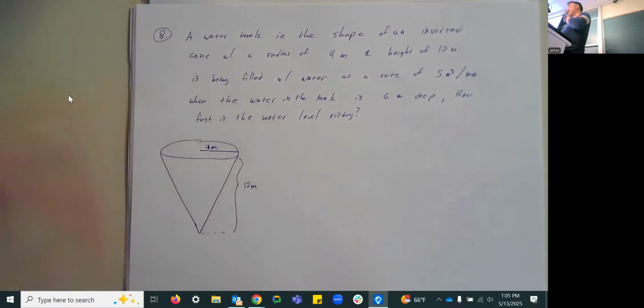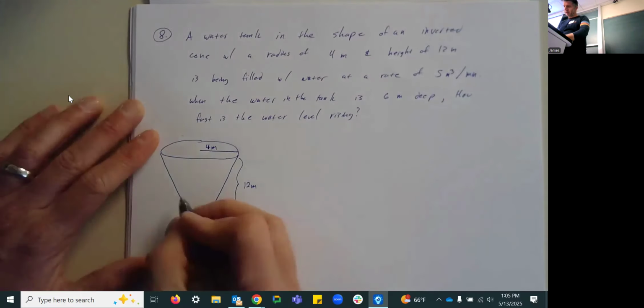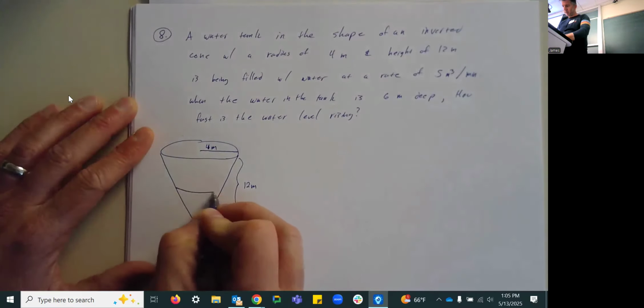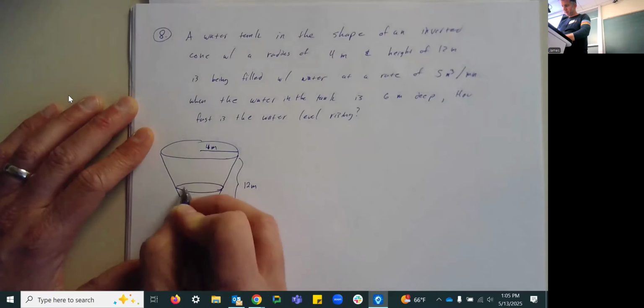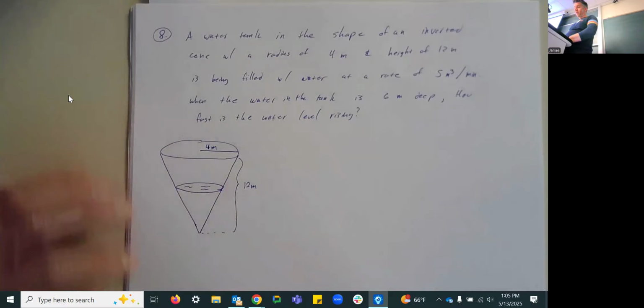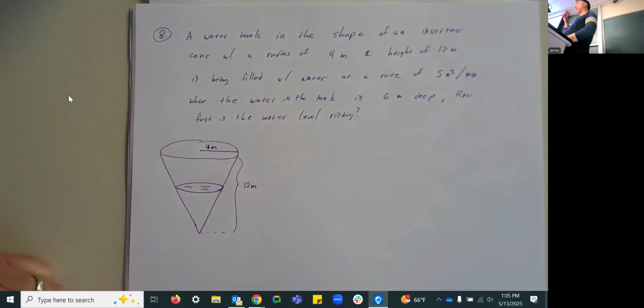What is changing is the depth of the water, or how much water is in the tank. So you've got some water in the tank and that water level is rising as we keep filling it. For this smaller cone of water, its height and its radius are changing as we add more water into the tank.